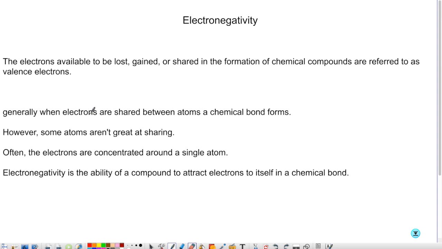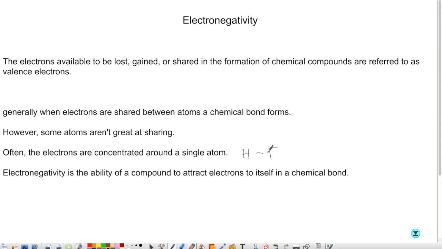So generally, when electrons are shared between atoms, a chemical bond forms. But not all atoms are very good at sharing the electrons. Often, the electrons end up being kind of concentrated around a single atom. So the kind of classic example of this is HF.